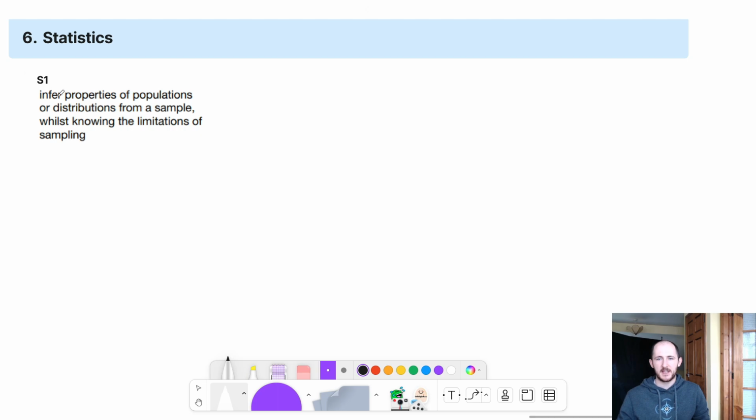So S1, the first thing you need to be able to do is infer properties of populations or distributions from a sample, whilst knowing the limitations of sampling. So I'm going to go through what the limitations is. I can't really give you a good example of the properties because it's so different every single time, right? But the limitations is always that the sample may not be representative of the overall population.